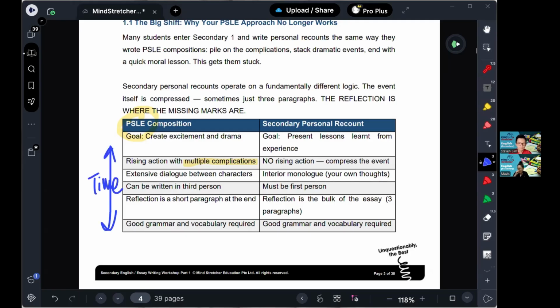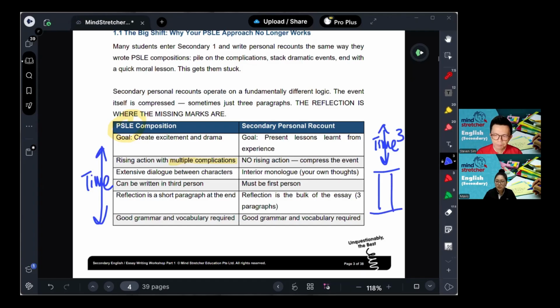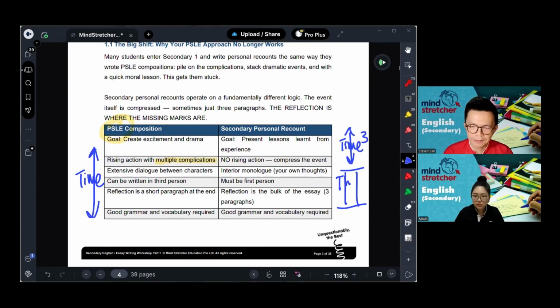In your secondary personal recount, this section, which is organized according to time, must be shortened. And then after that, you jump out of it. And then you go, this is fine or not fine, up to you. But that's another 2 or 3 paragraphs. So it varies. Do you understand?